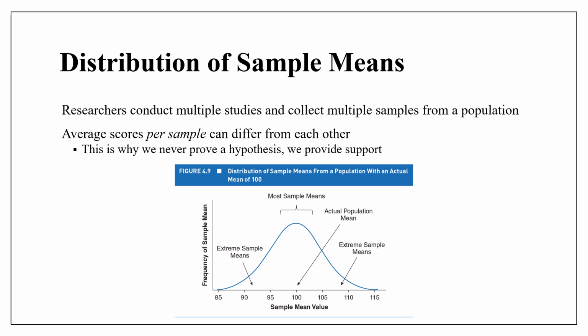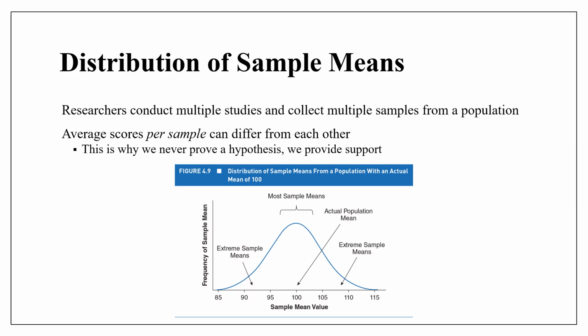Because with one sample we might have proved our hypothesis, but with another sample we may not see the findings that prove it. So instead we say we found support that this is the case. But again, because the odds are big that across multiple samples there are going to be differences, we never say that we prove anything.